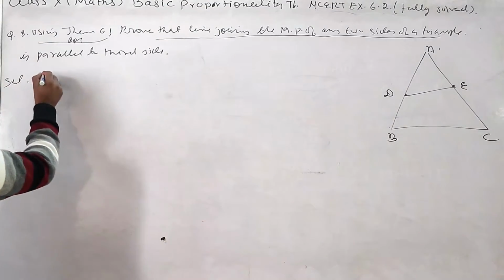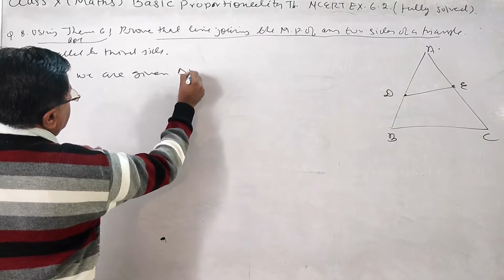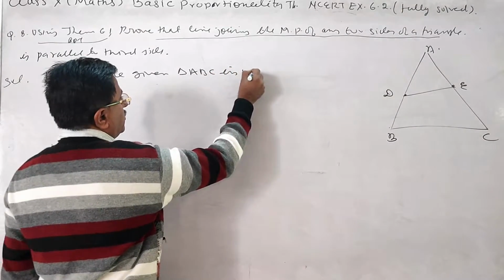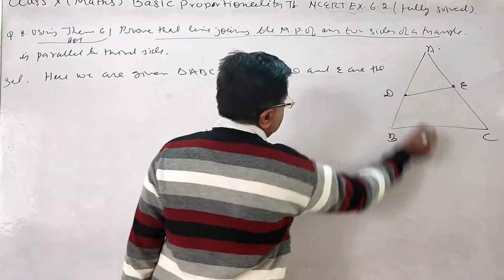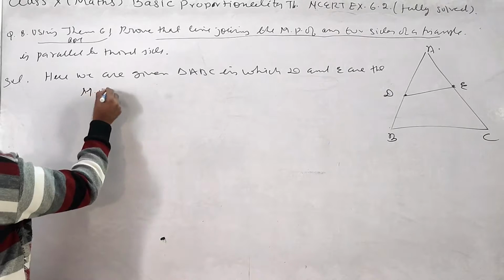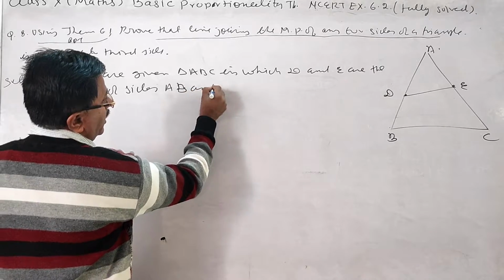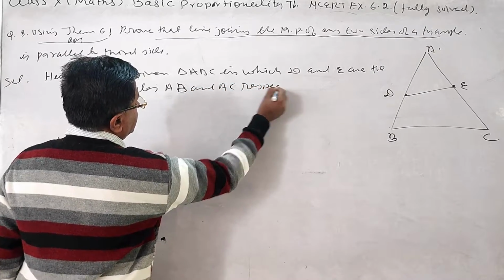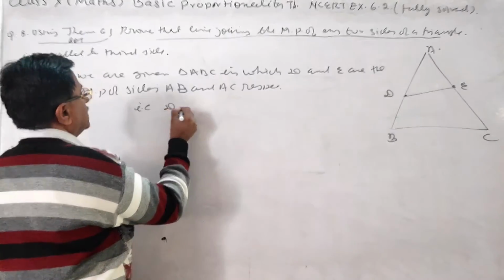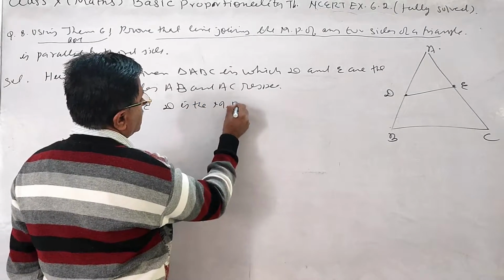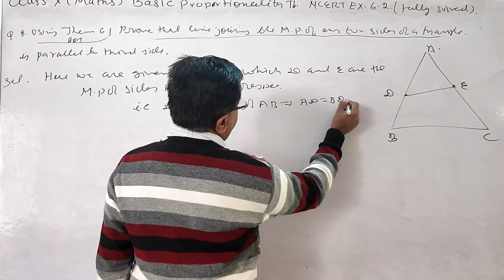So in the solution, here we are given triangle ABC in which D and E are the midpoints of sides AB and AC respectively. Now see, D is the midpoint of AB. It means D is the midpoint of AB.